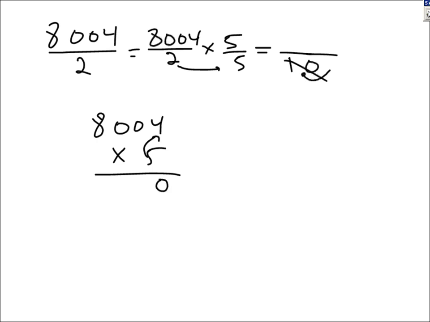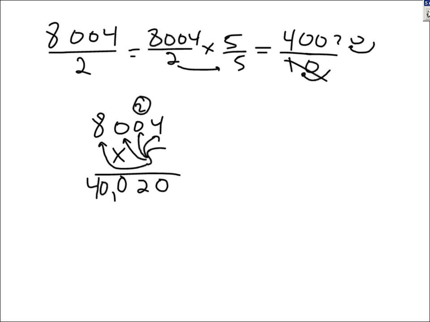Well, 5 times 4 is 20, carry the 2. 5 times 0 is 0, plus 2 is 2. 5 times 0 is 0, and 5 times 4 is 20. 40,020. Move the decimal in one place. If there is no decimal, it's understood to be all the way to the right. And there's the answer, 4002.0. The .0 you don't need. The answer is 4002.